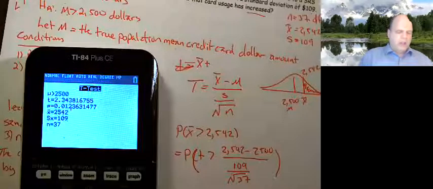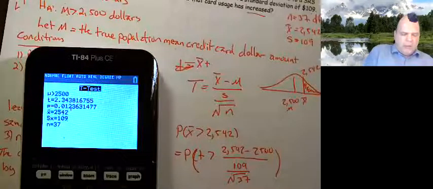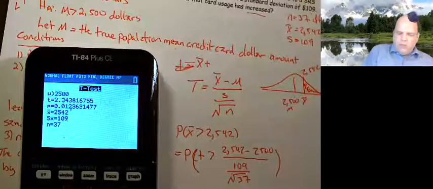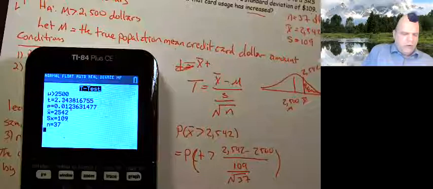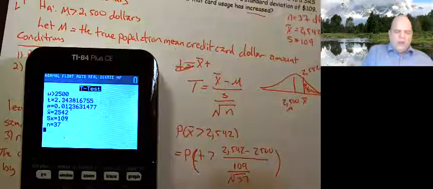And we put calculate. And we ended up getting the probability that t is greater than 2.3438 equals 0.01236.